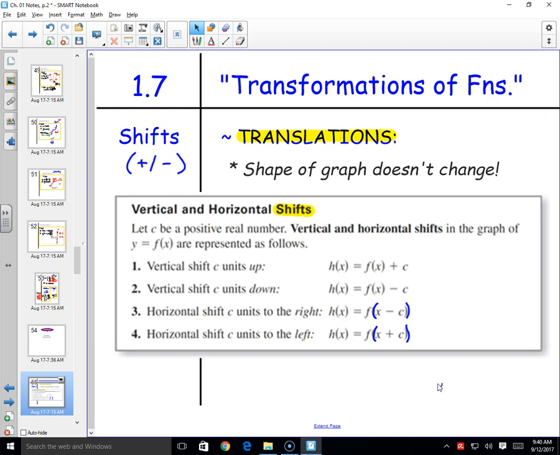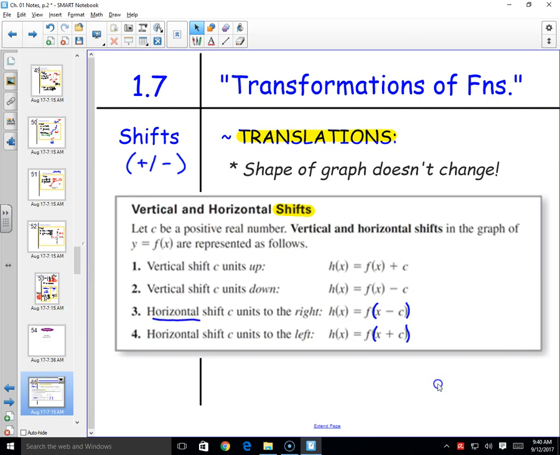Yes, we have to get oriented and be like, oh, weird. Subtracting is to the right? Oh, that's different than what I would think. Adding is to the left, well, that's different than what I would think. So that's something that you've seen before. I just want to make sure that you guys are able to see the adding, subtracting, to know it's a shift, and then to see it on the inside and know it's horizontal.